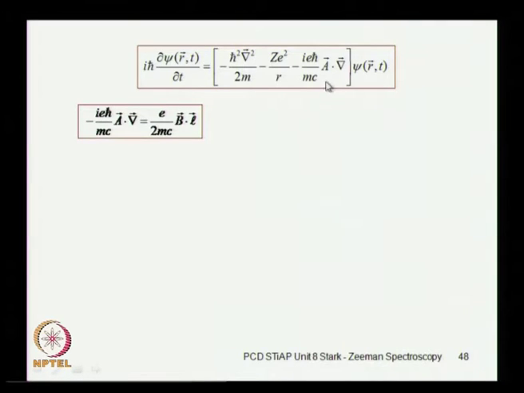Now we have thrown away the quadratic term, and you have only the linear term, which is B dot L. Does this not look like the interaction between a magnetic dipole and a magnetic field? If you keep a magnet in a magnetic field, it will have an energy mu dot B. This is just what we did in the Stark effect.